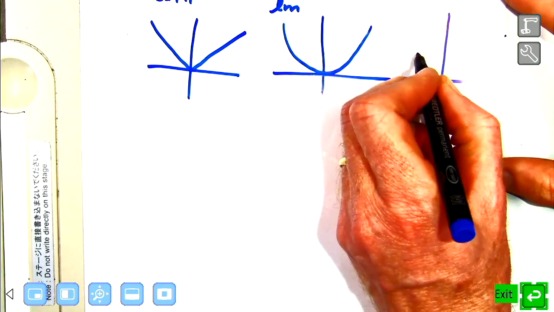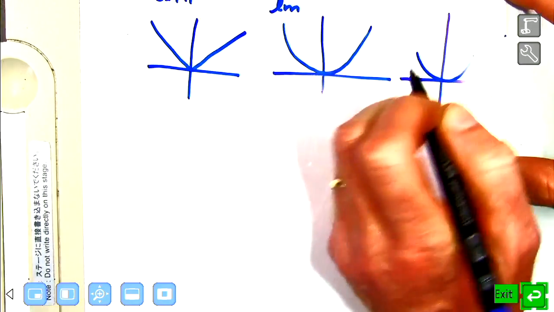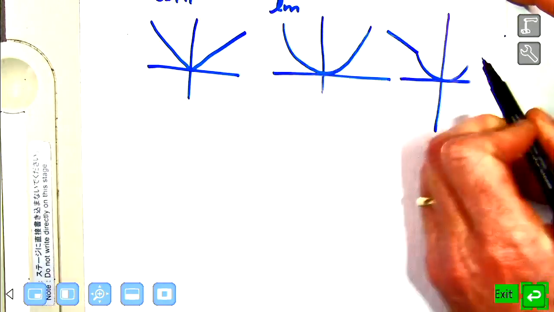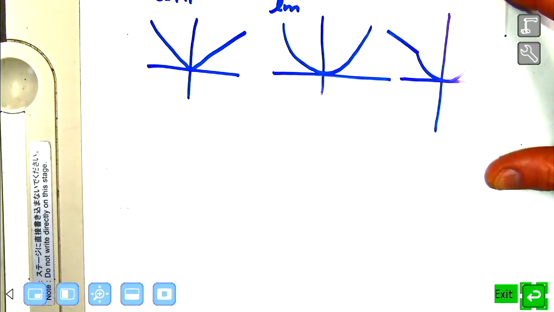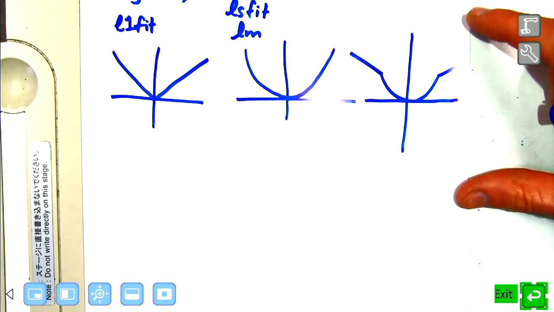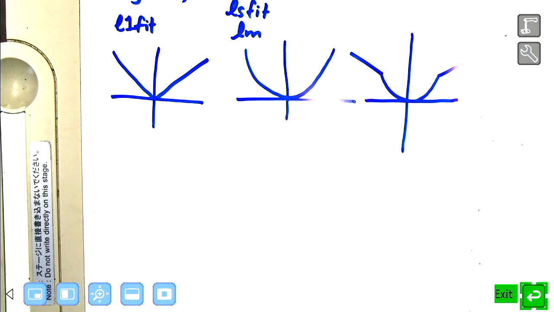So we're going to make it look like that in the middle, and then like that away from the middle. This is a distance function which is the unholy marriage of this one and this one. It's like the normal one in the middle, but at the edges it doesn't rise as steeply.